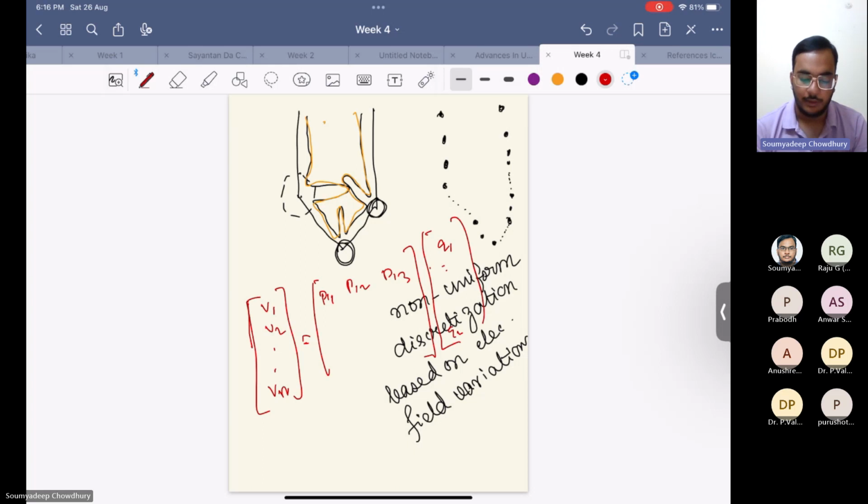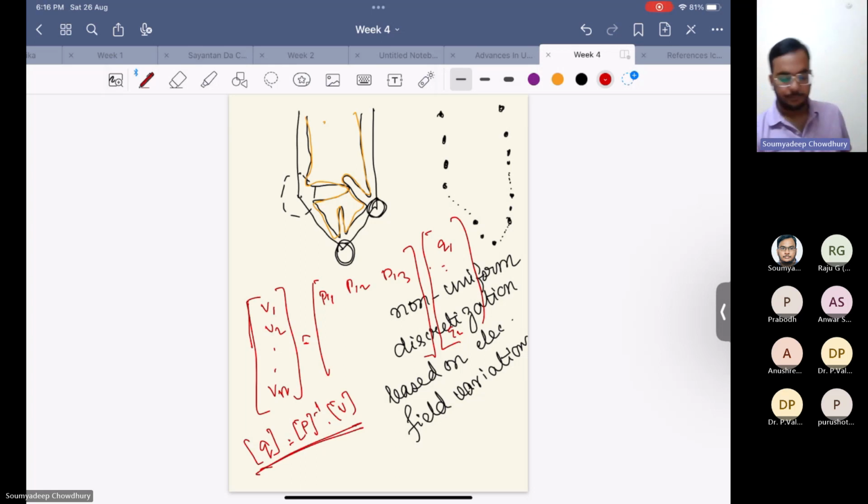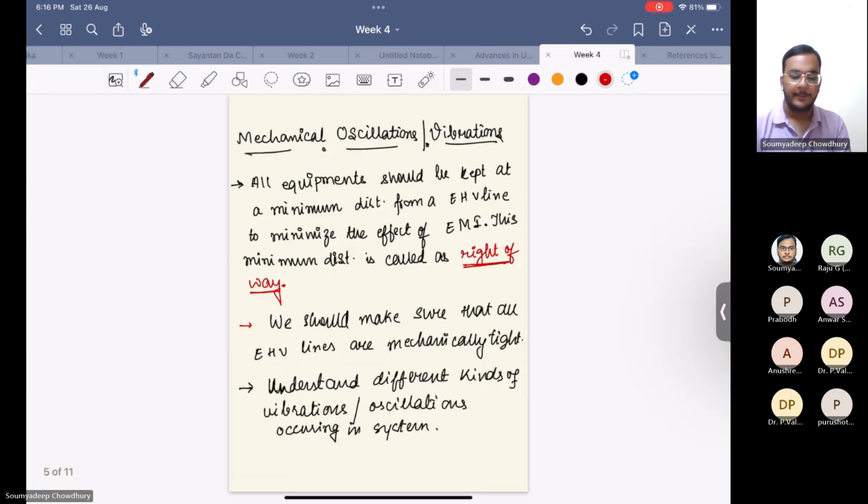So basically we can find out Q equal to inverse of P multiplied by the V matrix. From this we can find out the simulation charges Q, which are unknown here. Using this Q, we can find out the electric field and potential at any point within the domain. We are using this charge simulation method for numerical field computation. So this is the basic theory behind the charge simulation method.